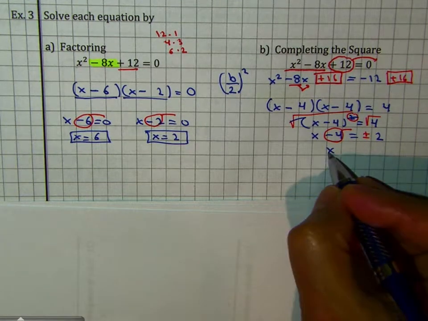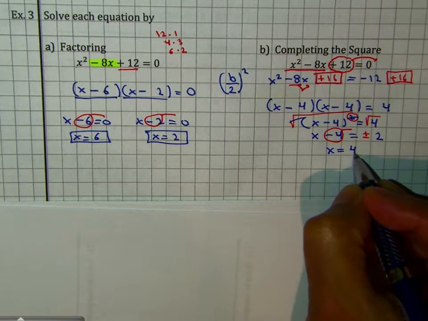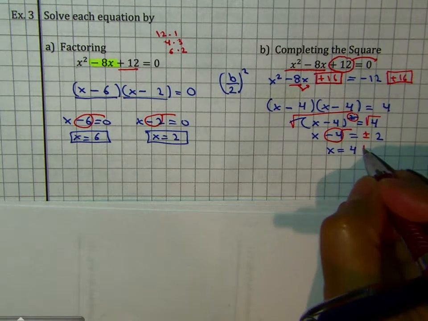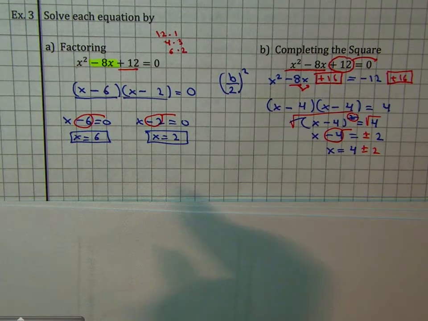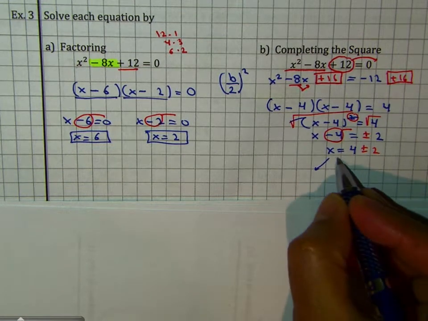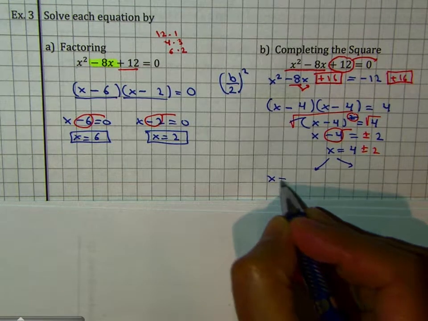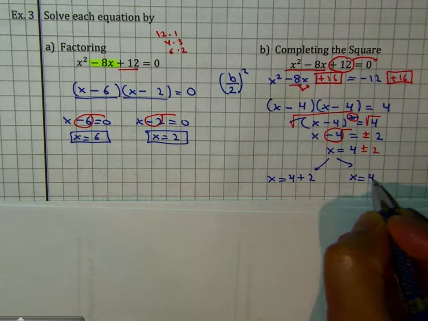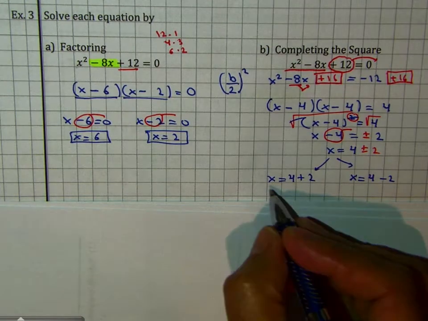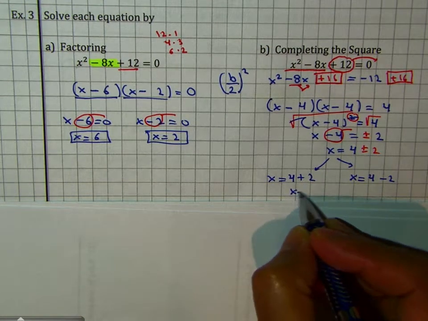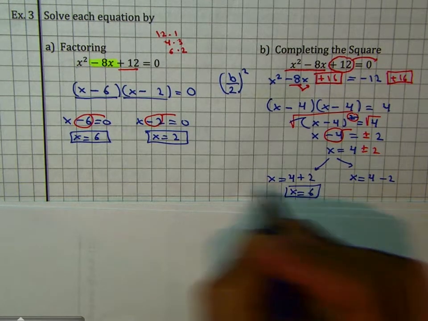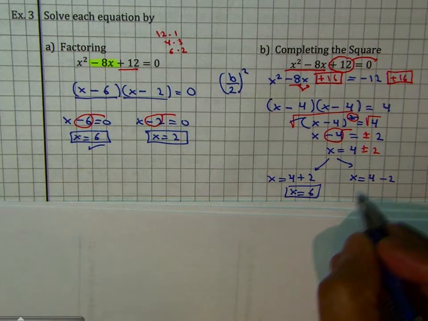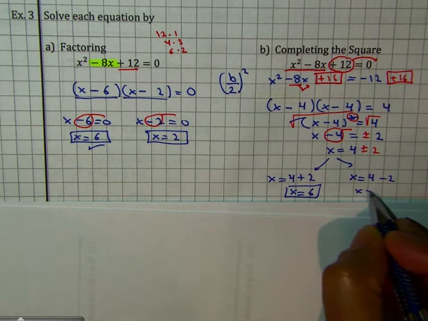Remember that we place it right after the equal sign. And we have plus or minus 2. So therefore, we're going to have two solutions. x equals 4 plus 2 and x equals 4 minus 2. So 4 plus 2 is 6, which is the first solution. 4 minus 2 is 2.